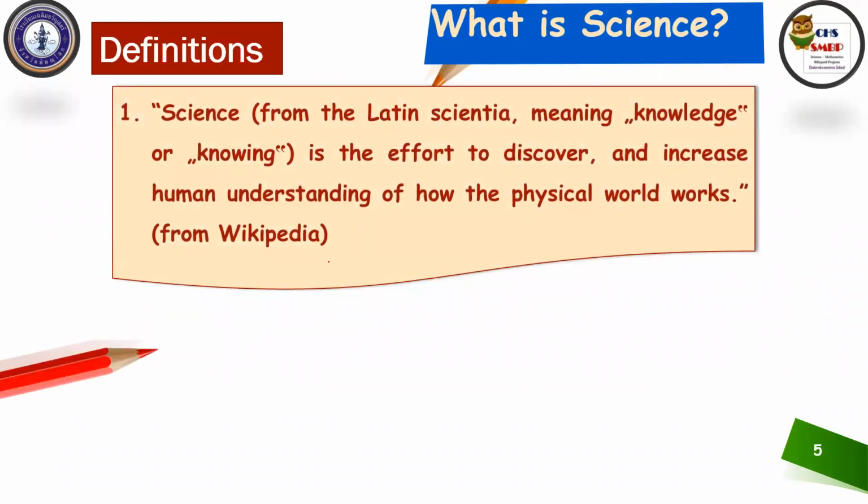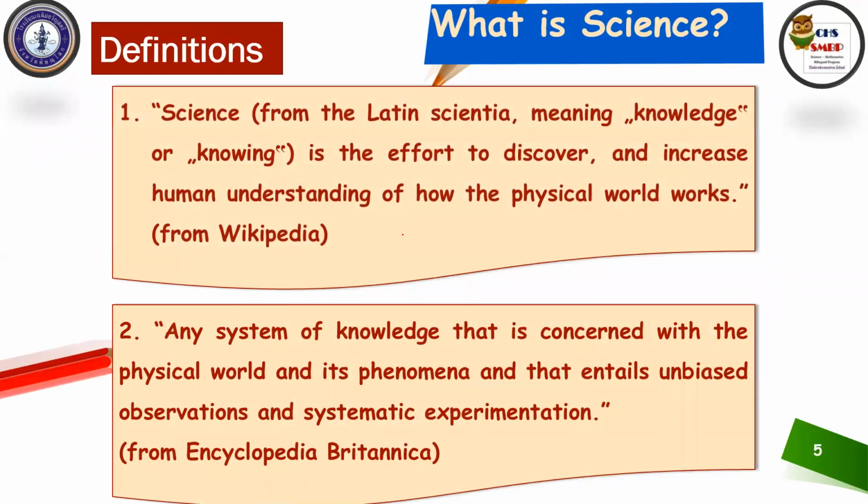So to give you a definition of science, here it goes. Science is the effort to discover and increase human understanding of how the physical world works. Now you can see another definition. Any system of knowledge that is concerned, that deals with the physical world and its phenomena.